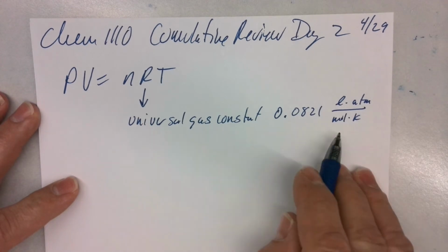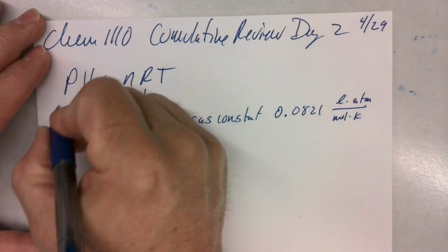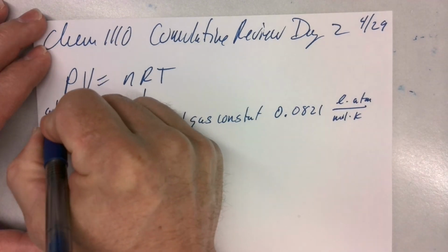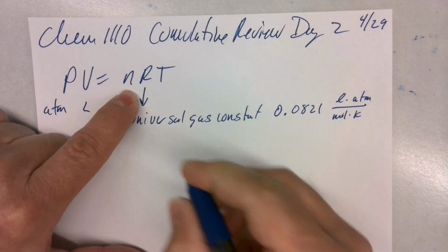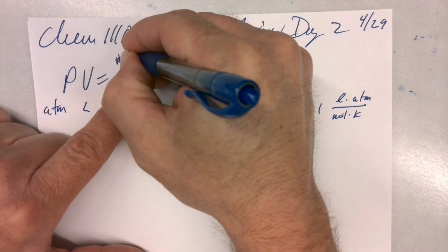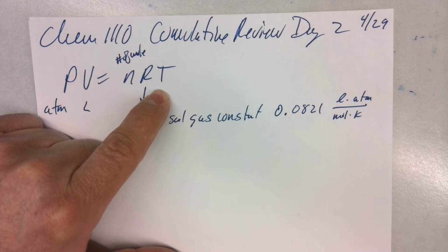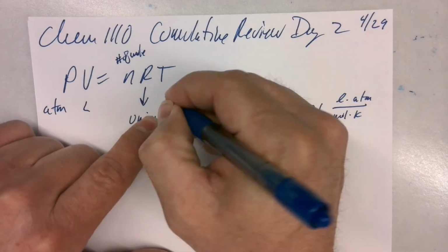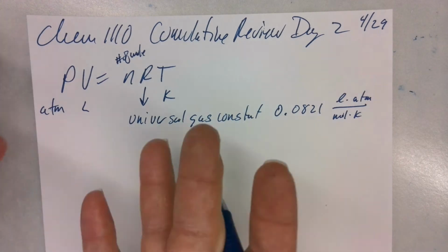Exactly, because that tells me what units I have to be in. So pressure must be in atmospheres. Volume must be in liters. N is the number of moles. And then T must be in Kelvin.